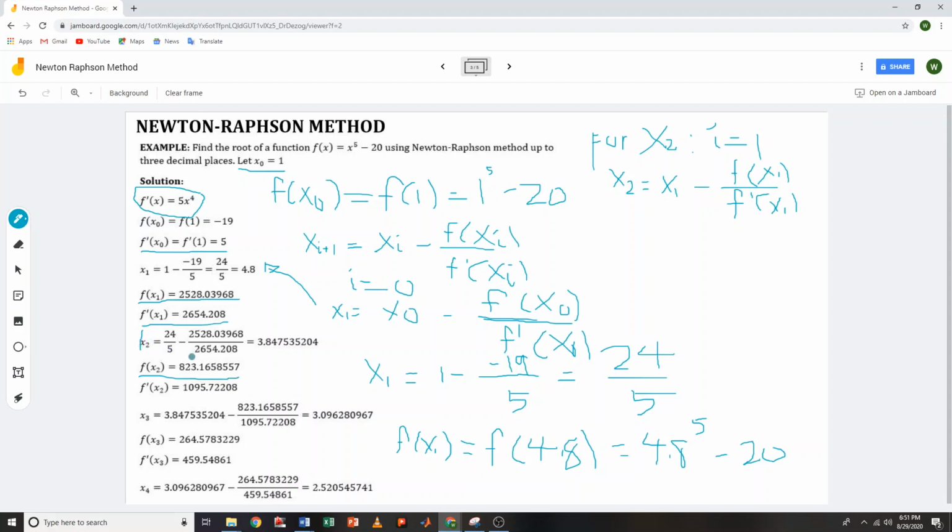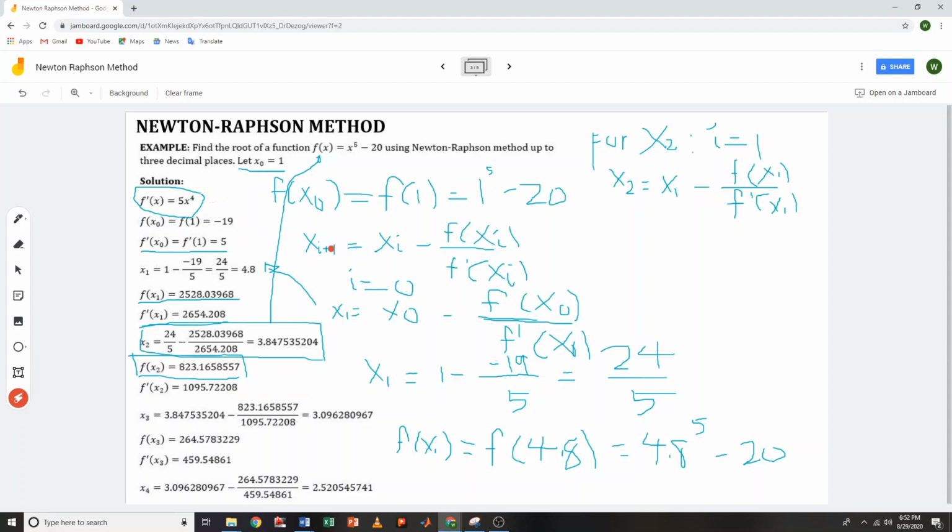Just substitute this value of x2 to this equation to get the value of f of x2. Similarly, for f prime of x2, you can get it using this equation.